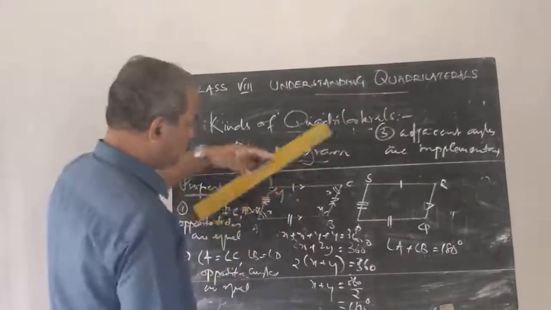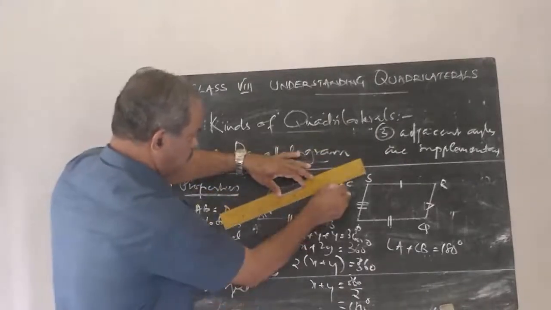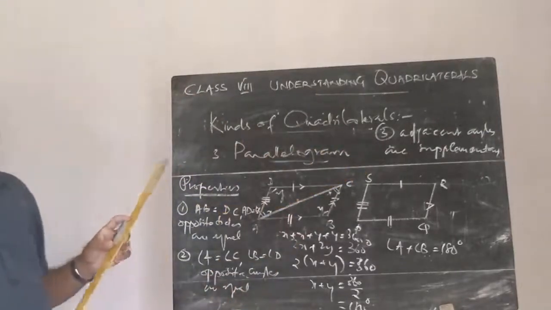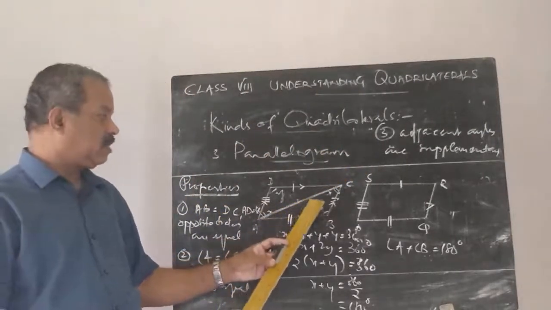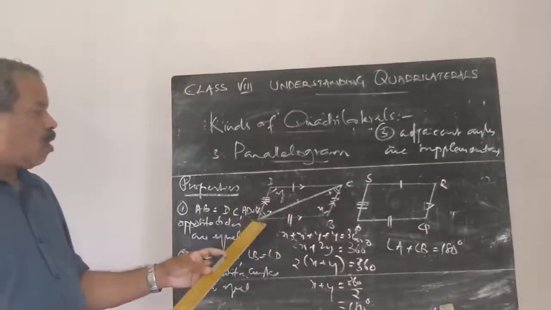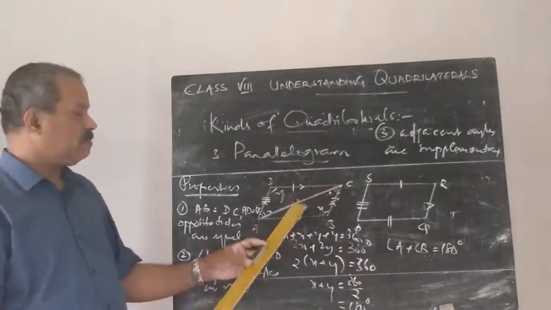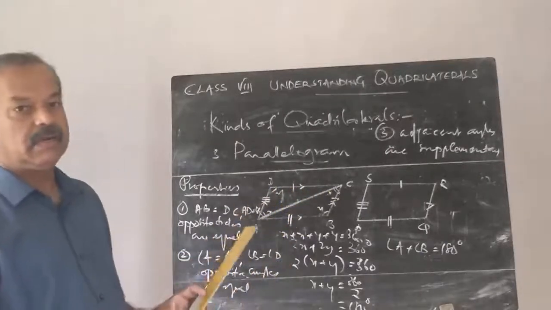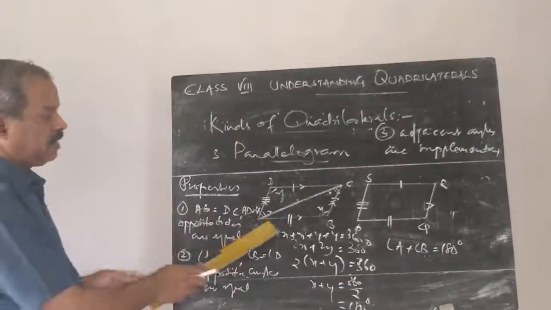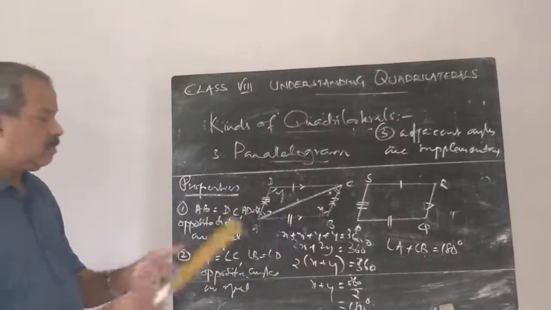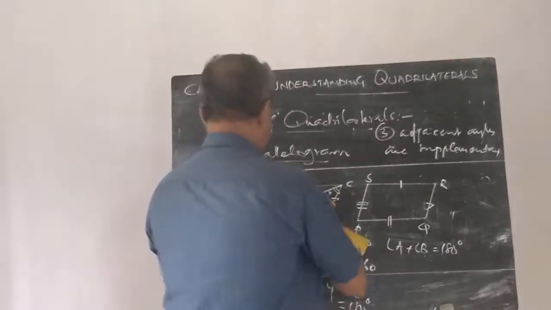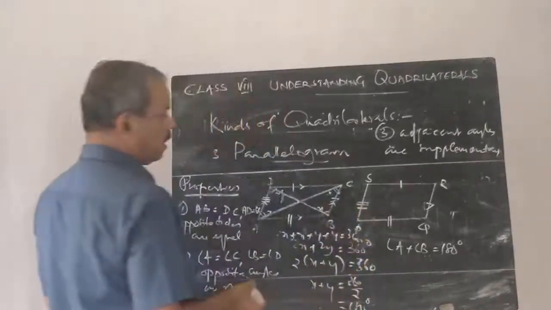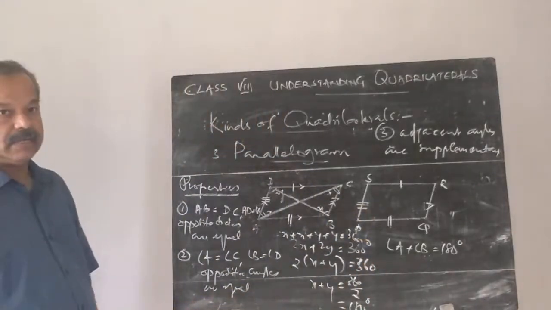Now see, what do you call AC? AC is the line segment joining two non-consecutive vertices of the parallelogram. Such a line segment is called a diagonal. So AC is a diagonal of the parallelogram ABCD, and DB is the second diagonal.